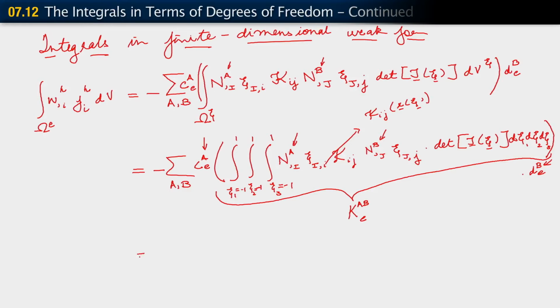Our integral on the left is now just minus sum over a comma b C A E K A B for element E D B E. All right.